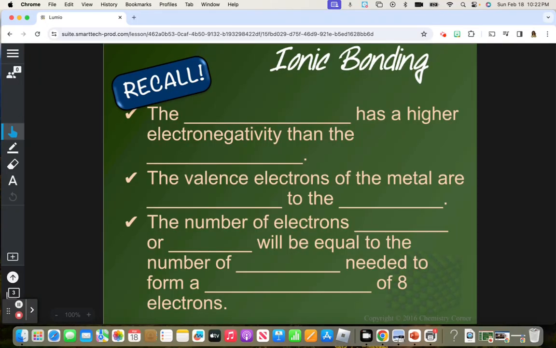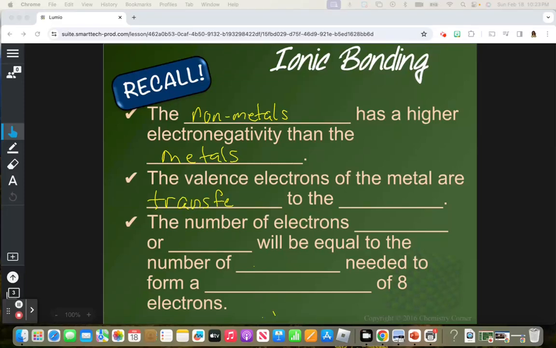Also, the nonmetals have a higher electronegativity than the metals. The valence electrons of the metals are transferred to the nonmetals.